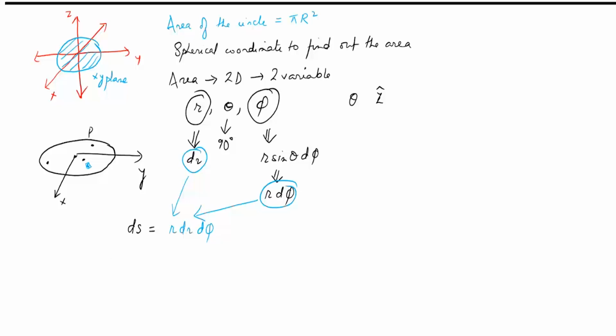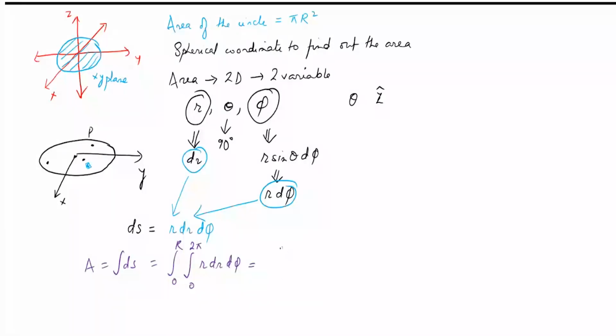Now, if I want to find the total area, I have to integrate this ds. That is integration from 0 to r, and integration from 0 to 2 pi, because phi varies from 0 to 2 pi. So r dr d phi.